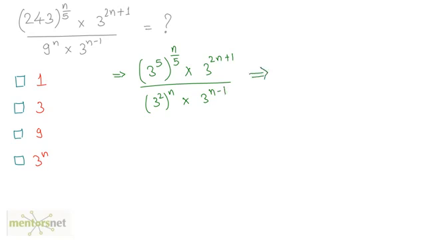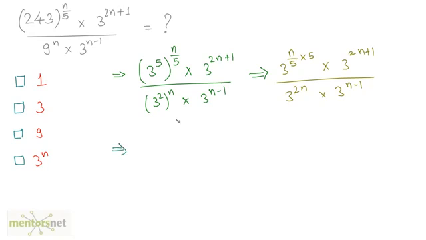This is equivalent to 3 raised to, a raised to m raised to n is a raised to m times n. So 3 raised to n by 5 times 5, and the rest of the terms are as they are, divided by 3 raised to 2n times 3 raised to n minus 1.